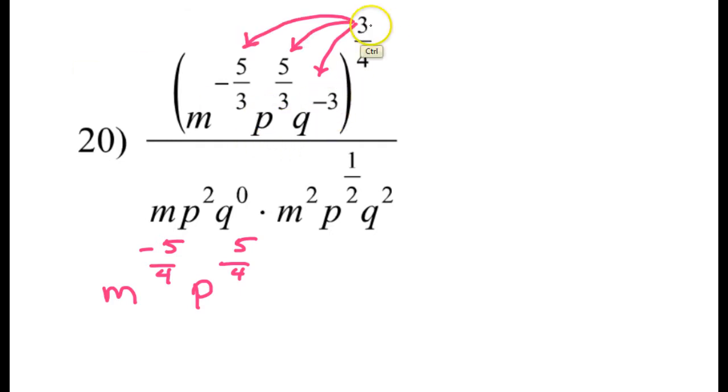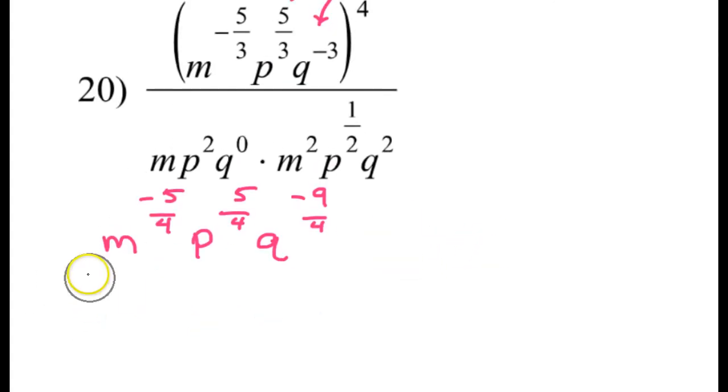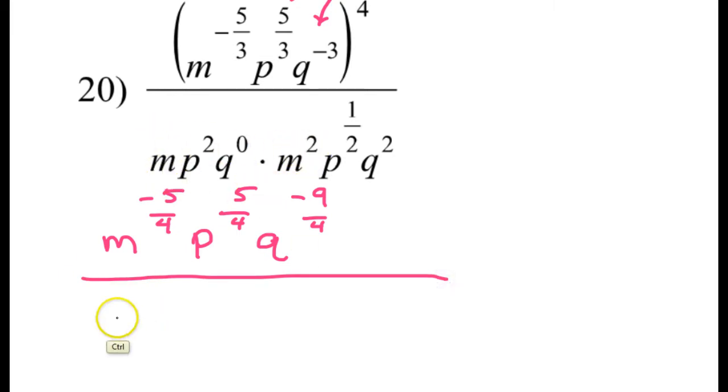Finally, this last one, if I multiply these, that's going to be q to the negative 9/4 power. No special shortcut there. So that's it for the numerator. What about the denominator? Well, I have m times m squared, so I know that it's going to be m to the 3rd power.